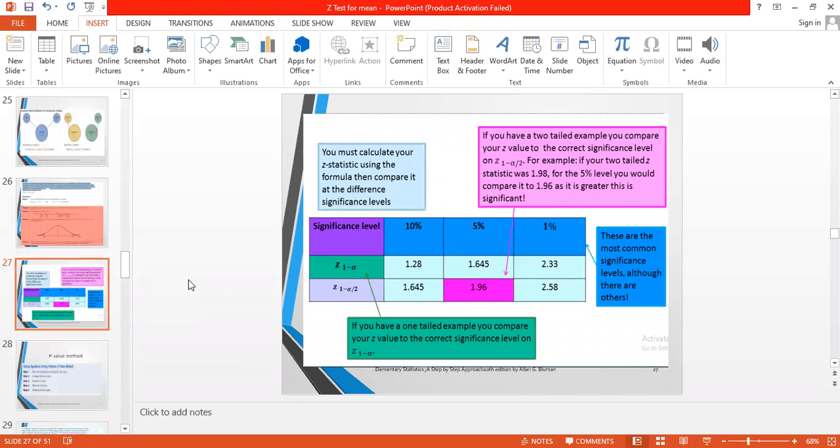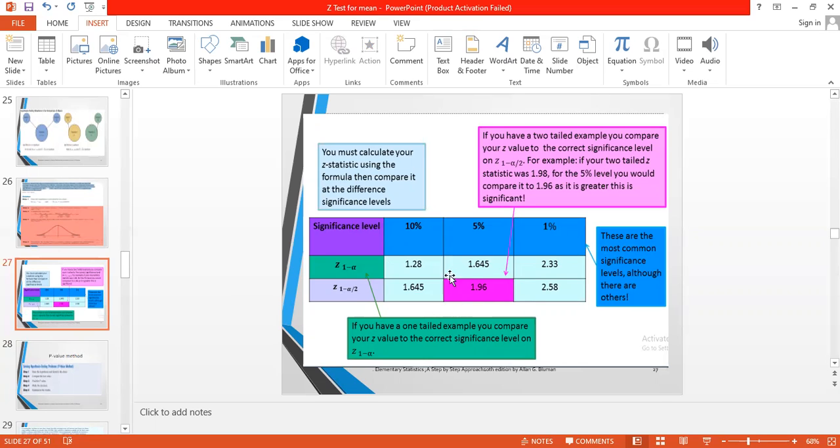This is the table in which they show the different significance levels which are used: 10%, 5%, or 1%. If you have a one tail example, you compare your z value to these levels. And if you have a two tail test, then you compare your z value on this side.